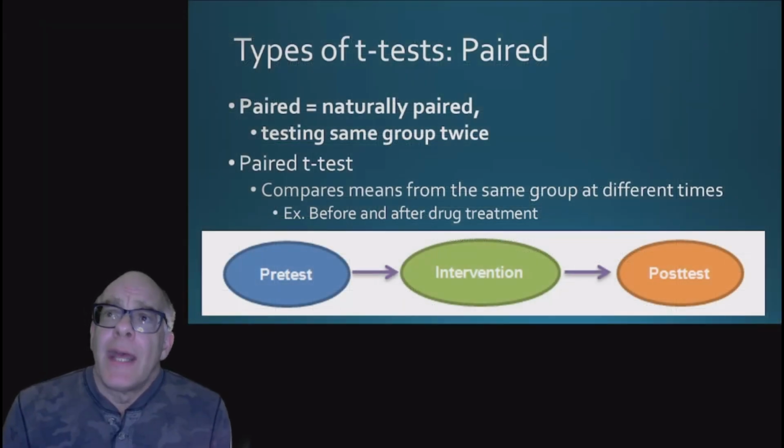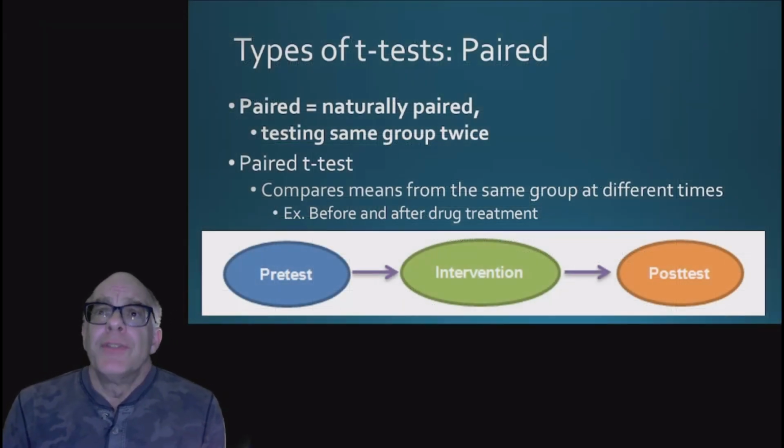So to understand whether or not we're going to use a paired or an unpaired t-test, a paired t-test is where there is some type of natural pairing in the results being analyzed. And so the example we've got here is basically the same subject with a sample in the morning and the same sample in the afternoon. And so we're basically testing the same group and the same subjects twice.